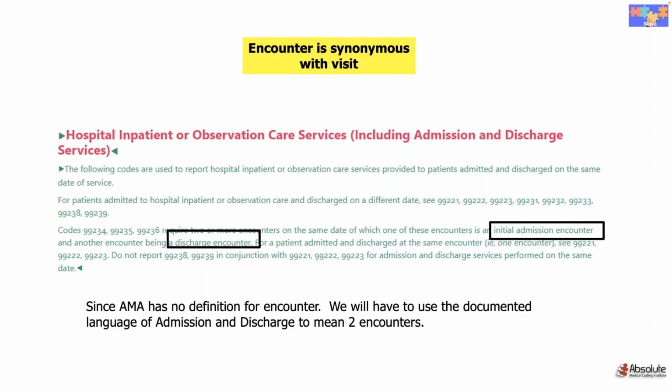So hopefully that's fair enough. So moving forward, if your documentation specifies admission and you see an admission in the documentation, then we will trust it. If you see a discharge and a discharge was carried out, we will trust it. So that's how we have to move. Now, let's go back to our scenario.